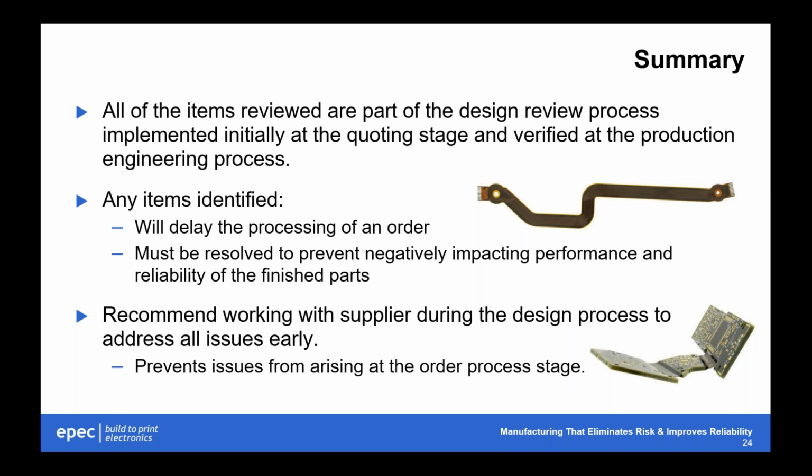Any of these items have to be resolved to prevent negatively impacting the performance of the parts and the reliability of the finished parts. As such, one of the biggest recommendations we have to our customer base is that they work with their supplier during the design process to address all of these issues early on to eliminate them and prevent them from arising at the 11th hour of the order processing stage.